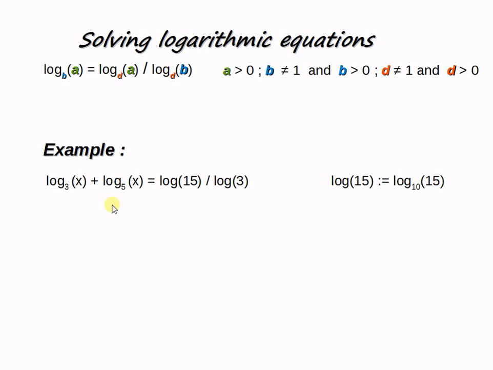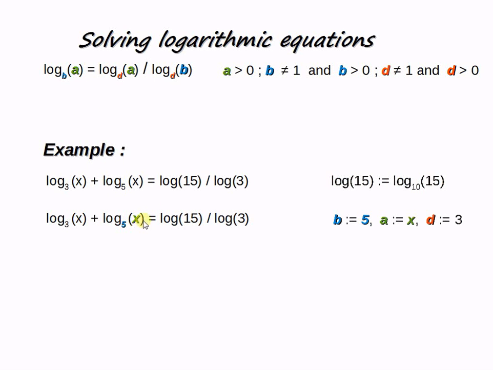So let's rewrite the equation just to make the whole concept a bit clearer. What we want to do now is apply the change of the base formula, keeping in mind that b from the rule now becomes 5, a turns into x, and d is going to be our new base 3. So let's have a look at it.